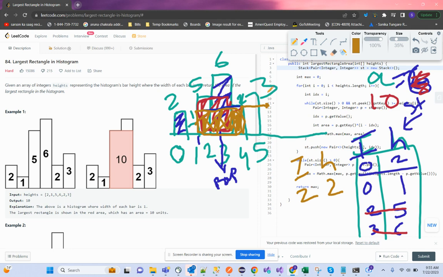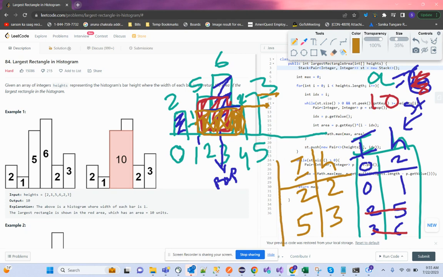Next comes the height of 3. Here we can extend it ahead, but we cannot extend it backwards. So 3 is the height and index is 5. This is our stack.